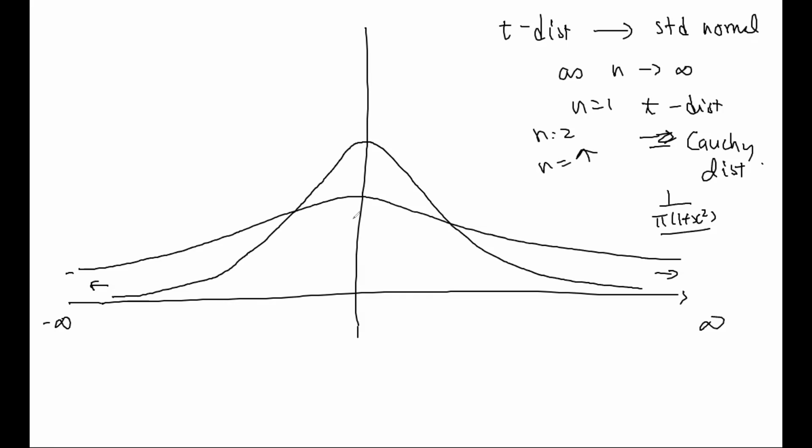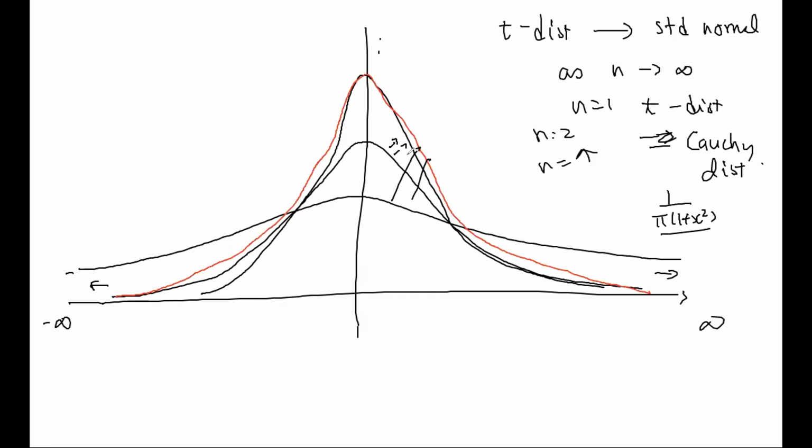Your T distribution will start to concentrate like this, and in the limit it will become the normal, which is like this. So it will become closer and closer to the normal.